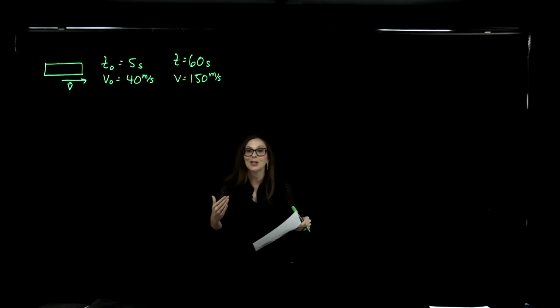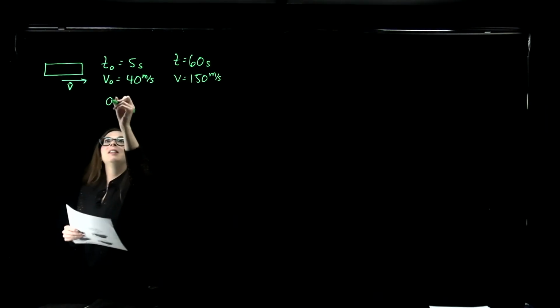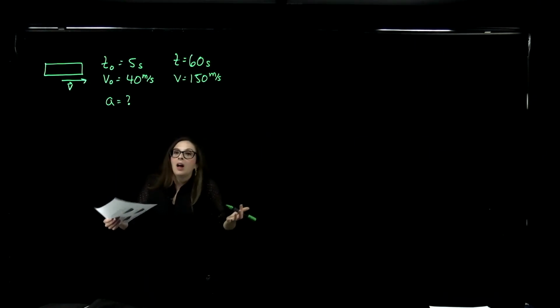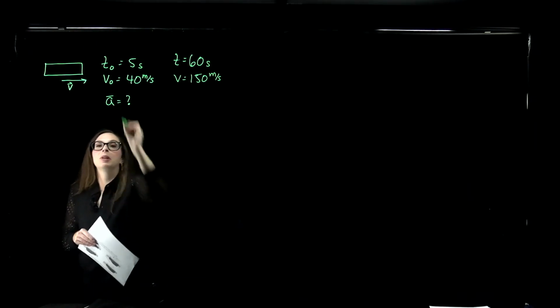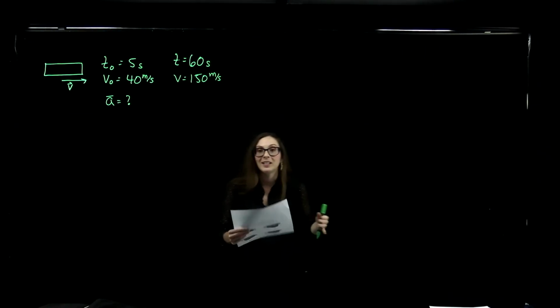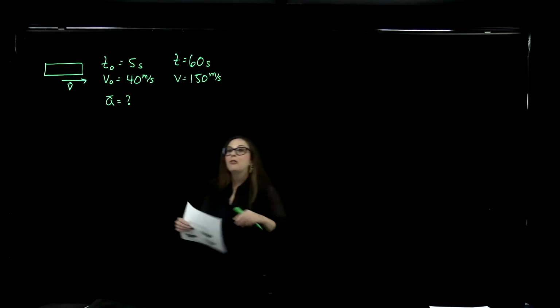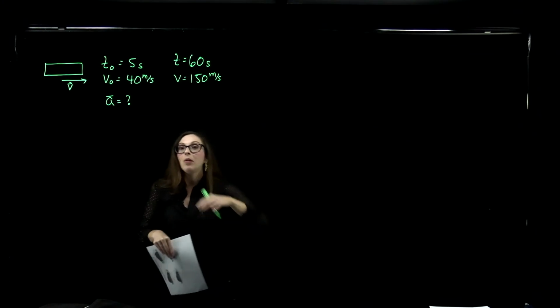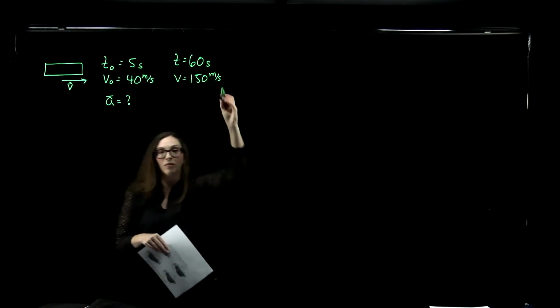What is your acceleration? The thing that we're looking for is acceleration, or what is your average acceleration? So let's put a little bar over there to represent that this is going to be an average acceleration. We don't know if we're having a constant acceleration during this time. We only know one initial starting point and one final point.